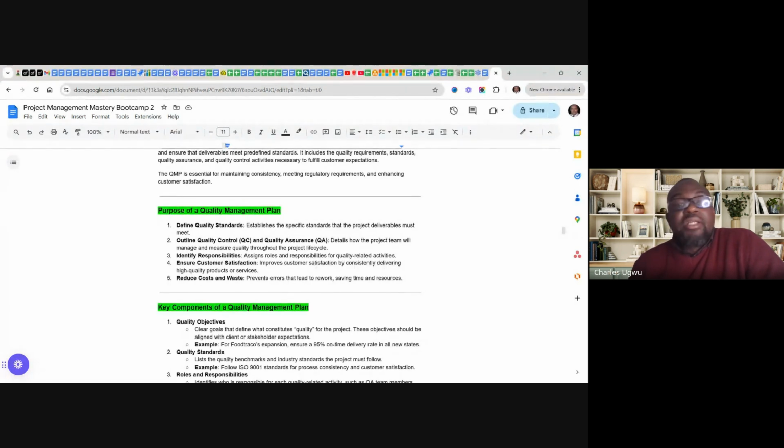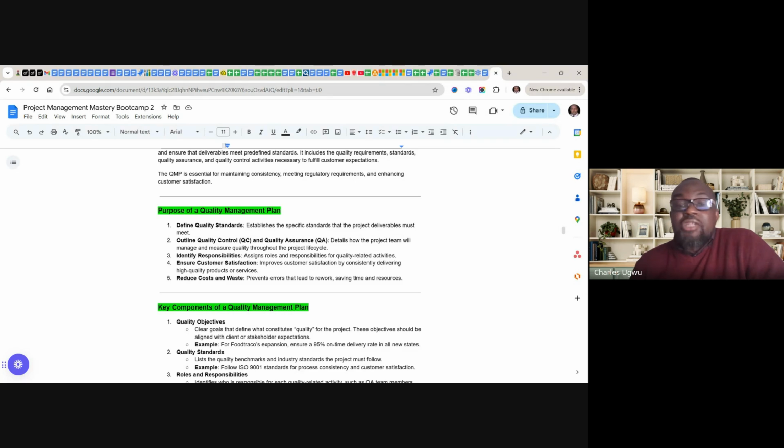If you are very good at quality control or quality management, these are some of the areas you can score points. During the interview, if they ask you what you can bring to the table as a project manager or even as a business analyst, you can tell them how you are an expert in quality management planning, how you can use it to reduce cost and waste for them and prevent errors.